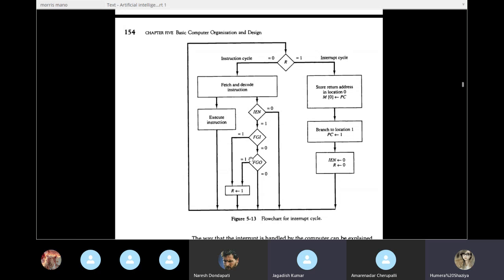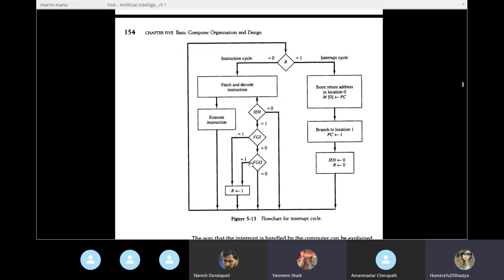Suppose some data is available in the input register, then the input flag is set to 1. If it is equal to 1, then you have to process the interrupt cycle.